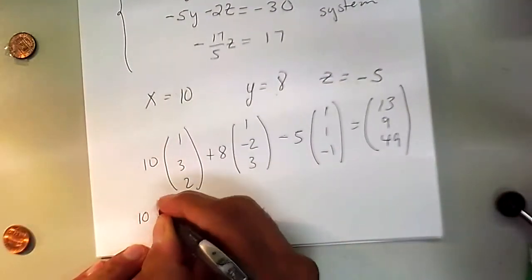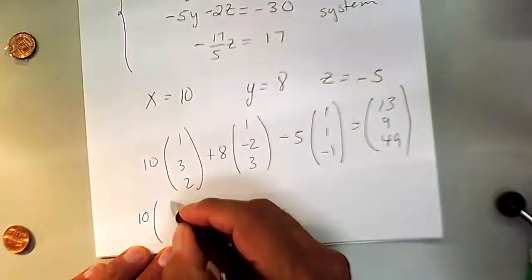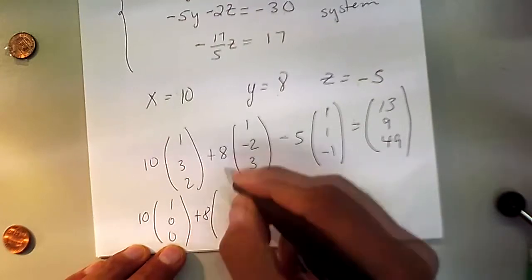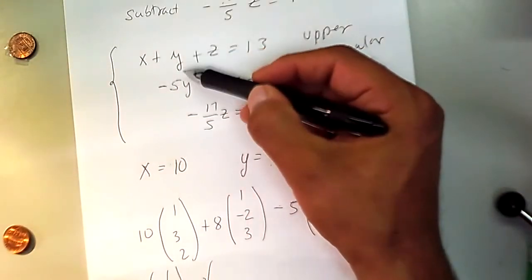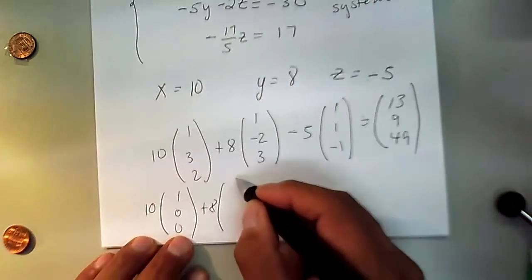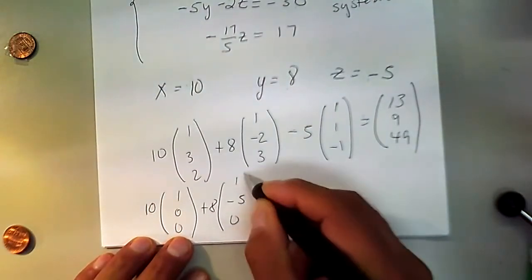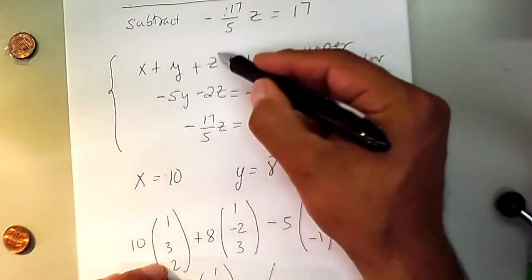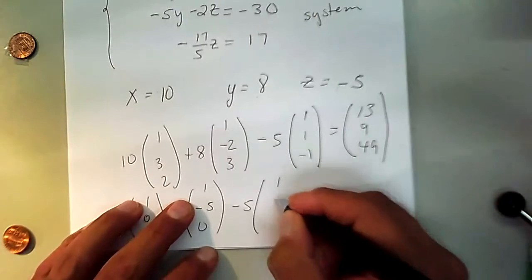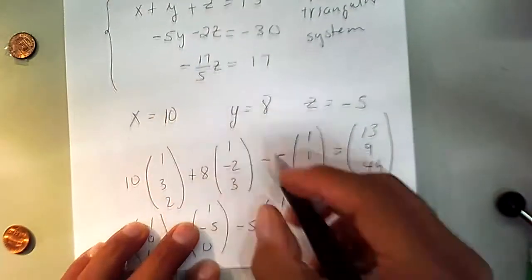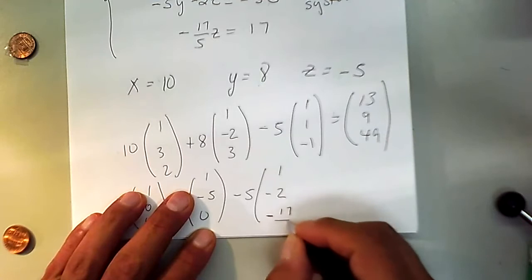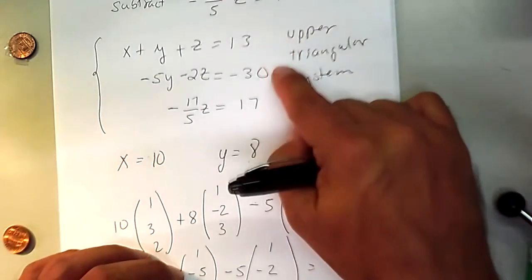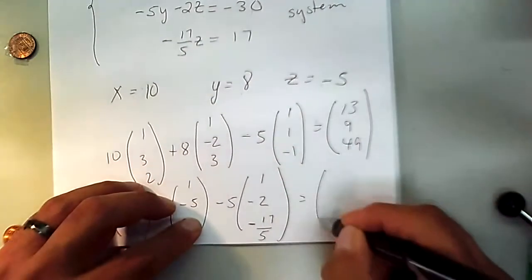So 10 of 1, 0, 0, plus 8 of 1, negative 5, 0, minus 5 of 1, negative 2, and this weird fraction, negative 17 over 5, will equal 13, negative 30, 17.